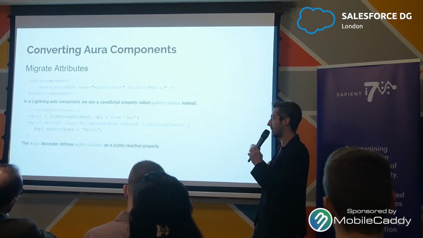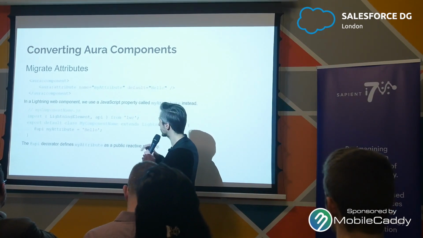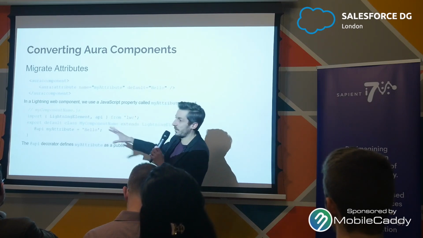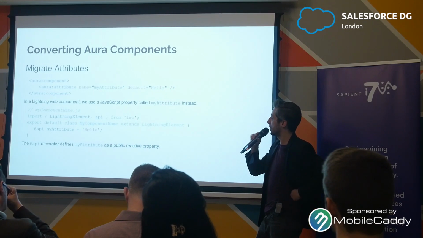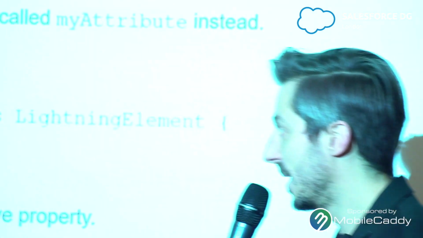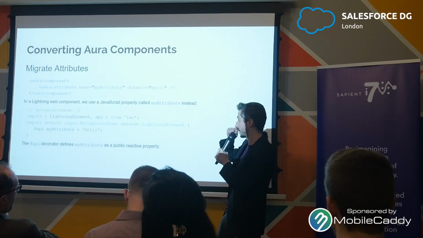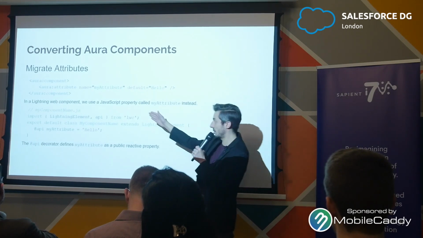If not, it will be set once as a public attribute from the parent. So this will be your first job when you're converting Aura components to LWC. You will analyze all the different attributes, which are part of the structure of your component, and, most importantly, move them from the presentation layer to your controller.